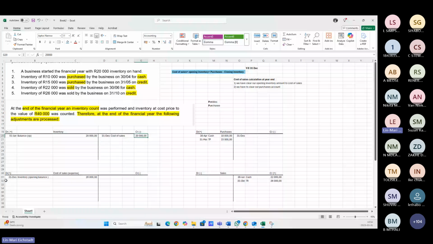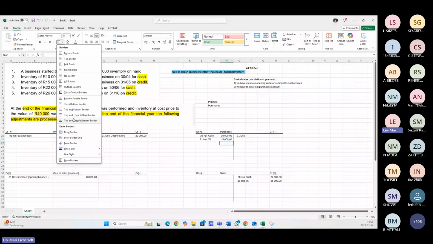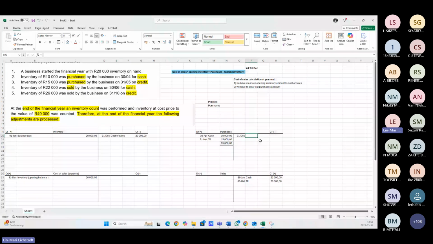Then we have to clear out our purchases account, right? So we take all of our purchases for the year. In this case, it's the 25,000 that we can add up here. We take out that full 25,000 and we take this to our cost of sales account as per step 2. And then we don't have any balance left here because we've taken out the full 25,000.